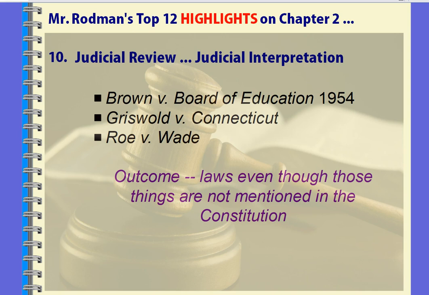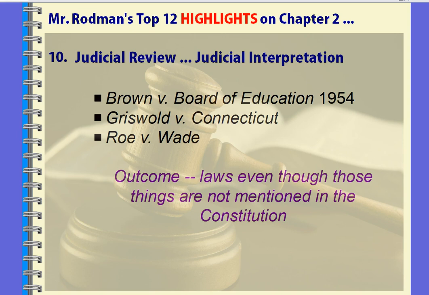And so the court interpreted that right to privacy, the penumbra of amendments, that being the First Amendment, the Third, the Fourth, the Fifth, and the Ninth, being a part of this penumbra of amendments that created this right to privacy.